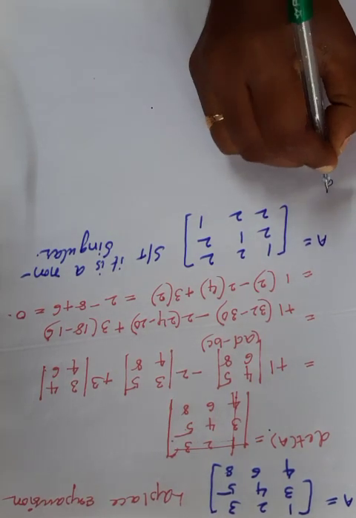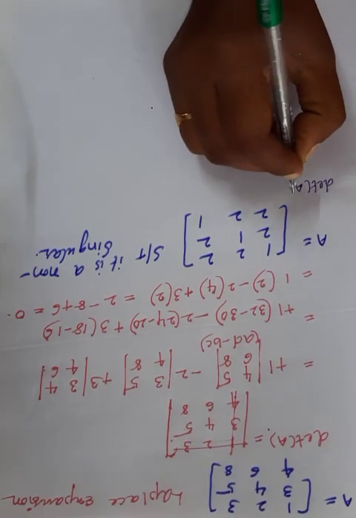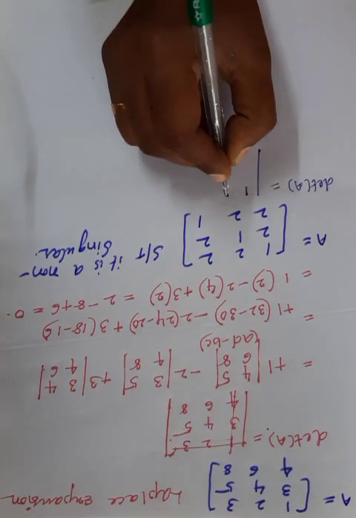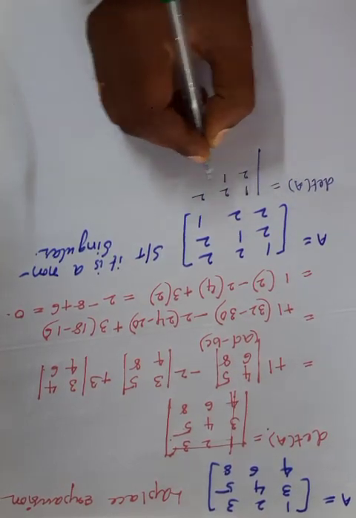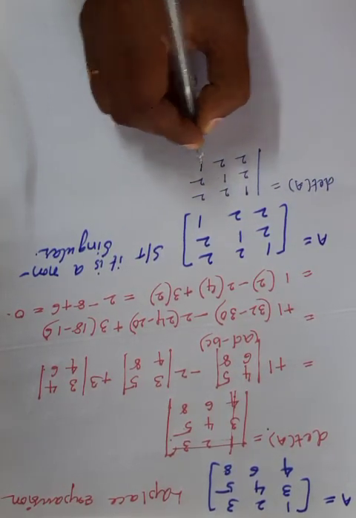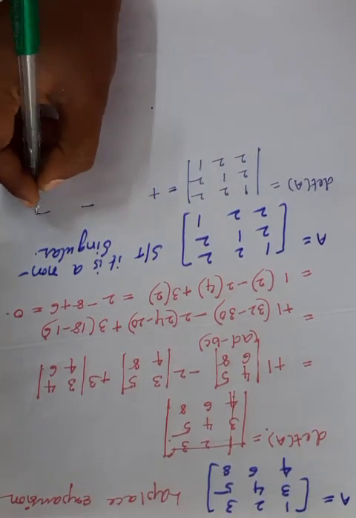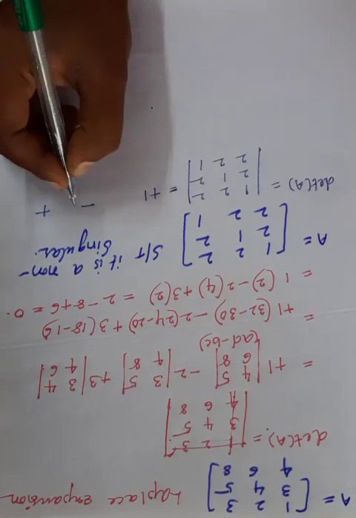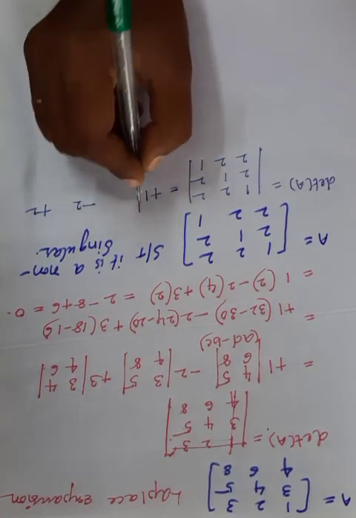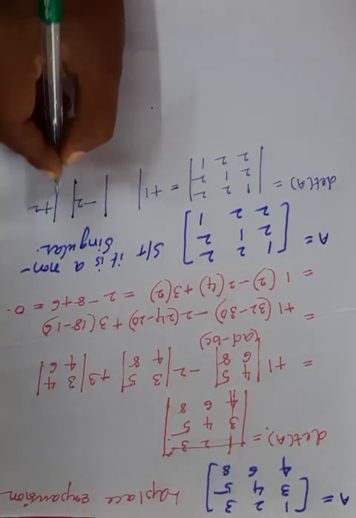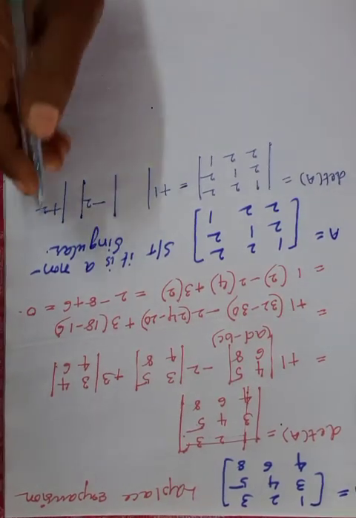Here we have to find that det A is equal to mod of 1 2 2 2 1 2 2 2 1. Again you have to use Laplace expansion, plus minus plus, 1 2 2.